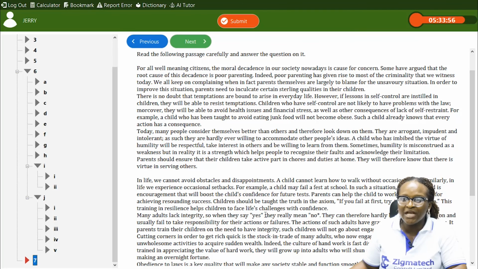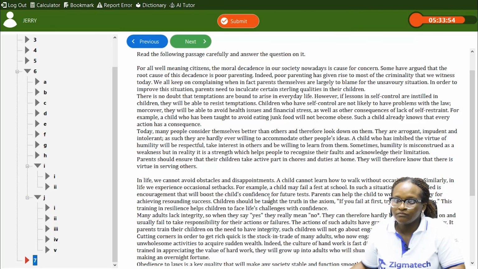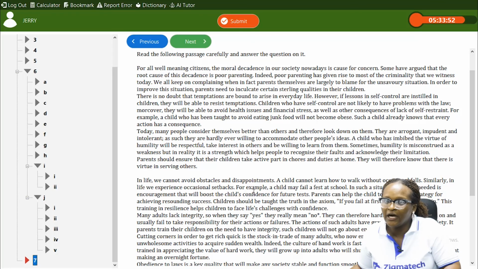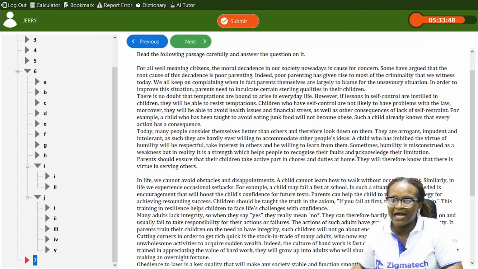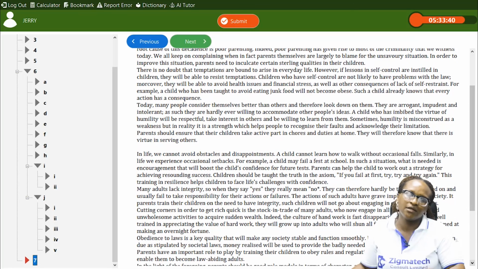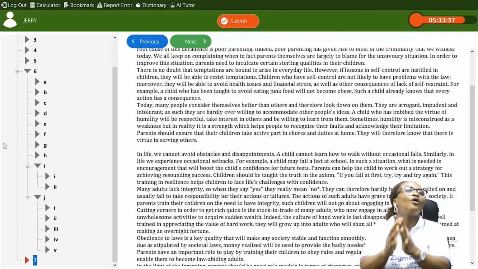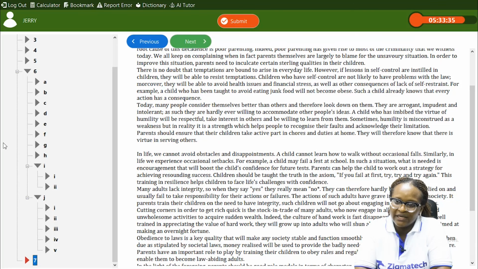Furthermore, a parent should instill what in their children? Confidence. Parents should as well instill confidence as a quality necessary for living in our society. So we've taken 3. So you could go about the others.